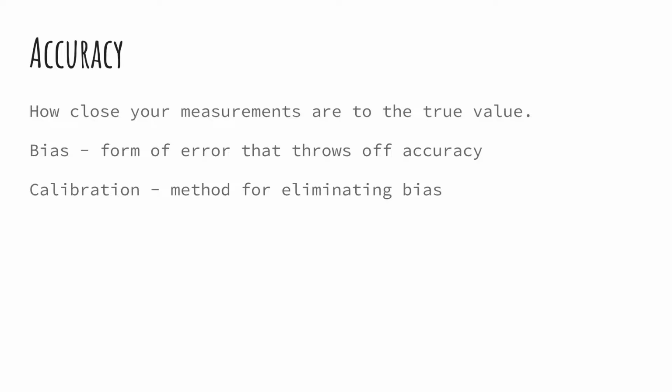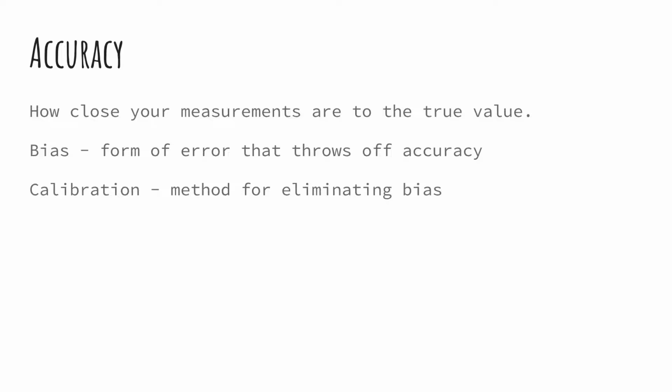Calibration is when you measure a known value, and then you correct for the error. So if you're using a balance in order to measure the mass of something, well, you'd go ahead and measure something whose mass you already know. And then you just correct for the error, correct for the difference.